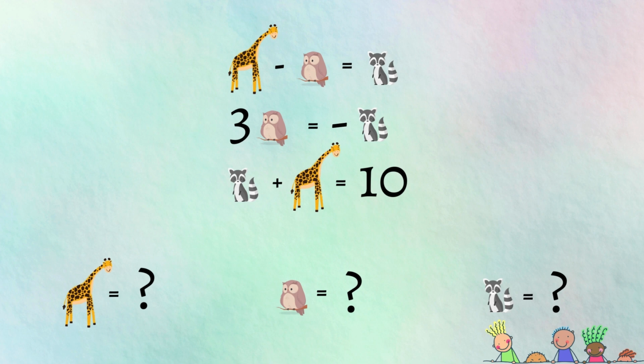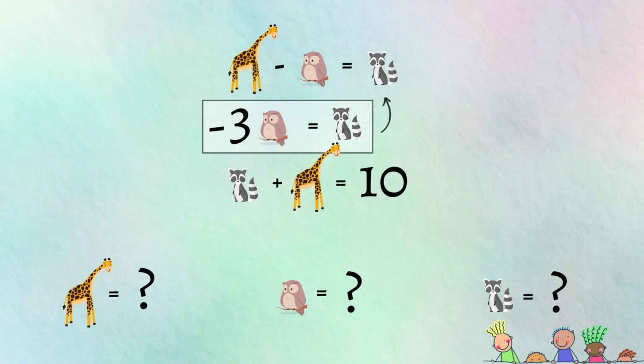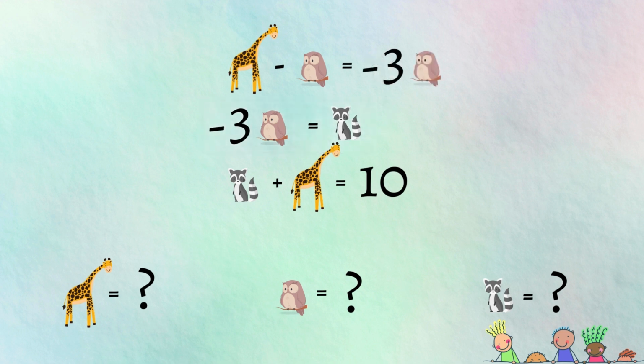Let's start with the second equation. I can easily deduce that the raccoon equals -3 owls. Knowing this, I'm going to plug that in for the raccoon from the first equation. Now I've got a giraffe minus 1 owl equals -3 owls. Great! Let's shift things around so we can figure out what giraffe is in terms of the owls.